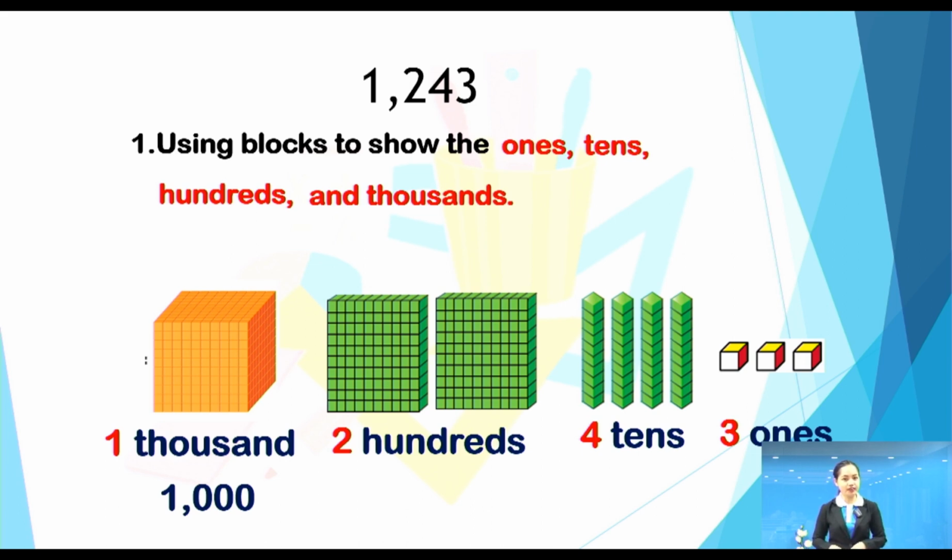How many zeros are there? Yes, there is only 1 zero to make it 40. And the last one, am I going to put 0 in 3 ones? No, because the place value is ones only, so the number is 3. So can you read the number for me? 1,243.